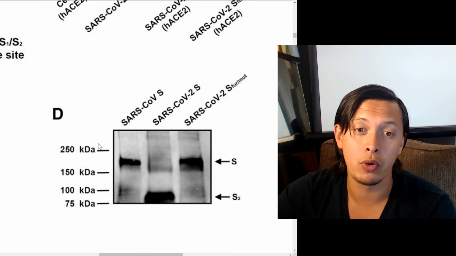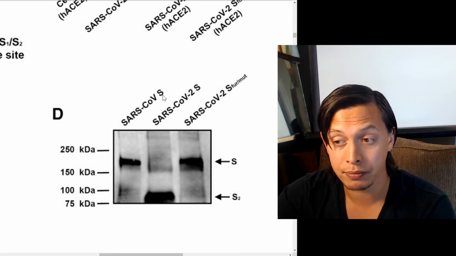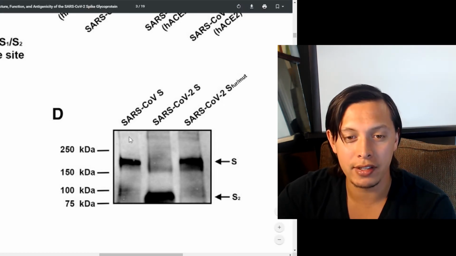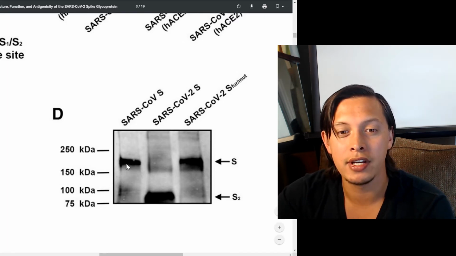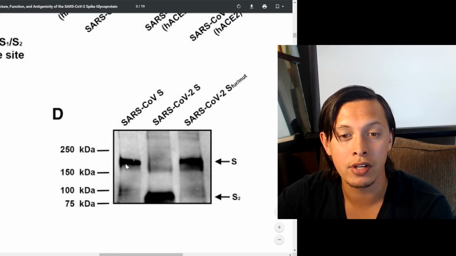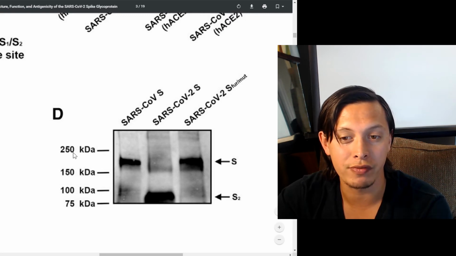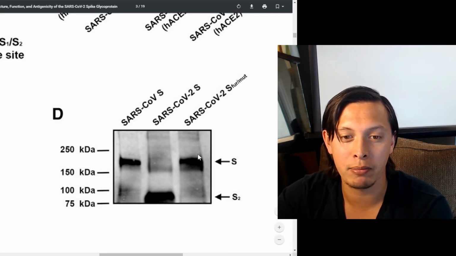With the original SARS coronavirus S protein, as the viruses are being synthesized, if you break apart these viruses and look at the proteins, all of these proteins are large, between 150 and 250 kilodaltons. This is the spike protein in its entirety, if it's full.